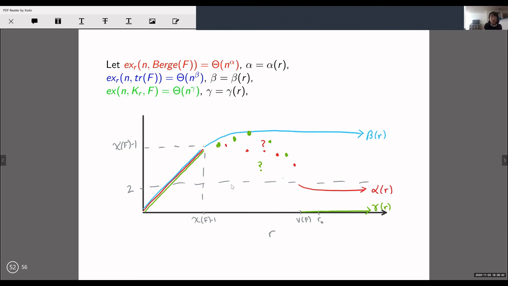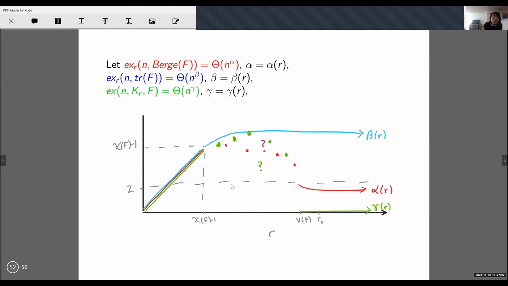So here I drew a diagram. So for each of these functions, for instance, for this Berge of F, forbidding it, we will say that the maximum number of hyperedges we can have is some constant times n to the alpha. And what we want to look at is how alpha grows as the uniformity is growing.